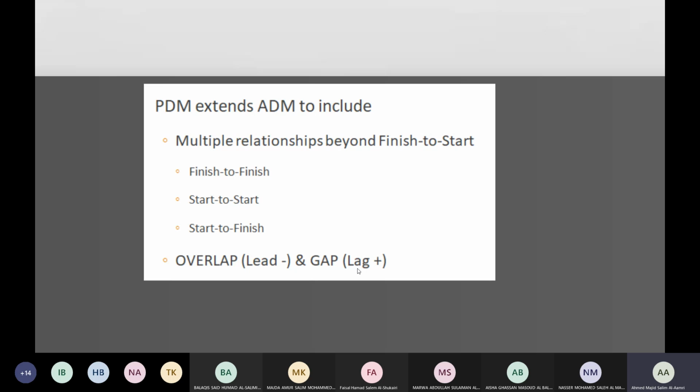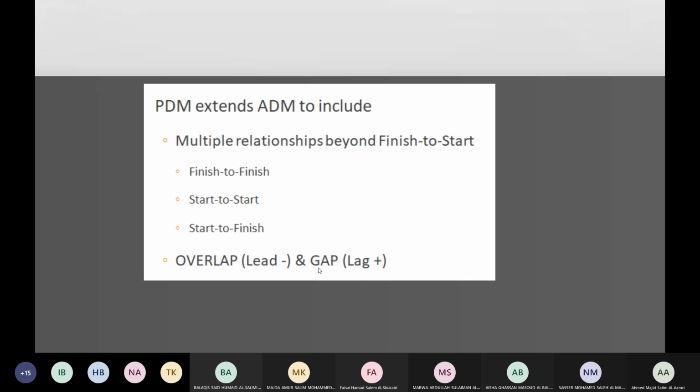So once again, the two disadvantages of ADM: we have only one relationship, which is finish to start, so BDM came with more relationships to make the plan a little bit faster. And in the ADM there is no room for the holidays because it's adding up the values directly. So we have overlap or gaps here. We call them lag and lead. Lead means overlap, lag means gap.